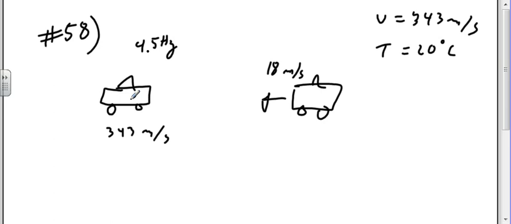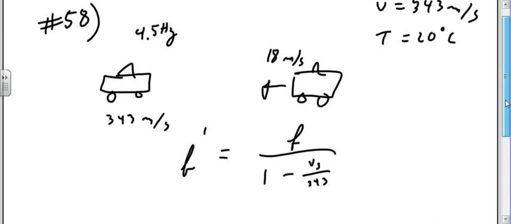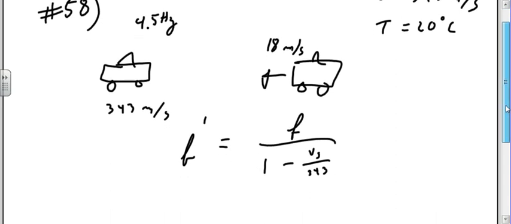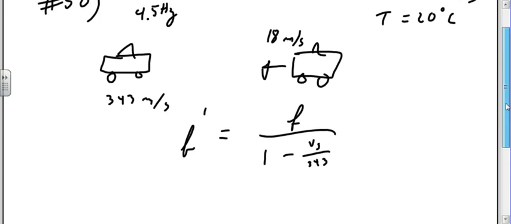Okay. All right, so f prime is equal to f divided by 1 minus velocity of the source divided by velocity of sound, 343. Okay, so we have that one equation. And the velocity of the source is going to be 18.